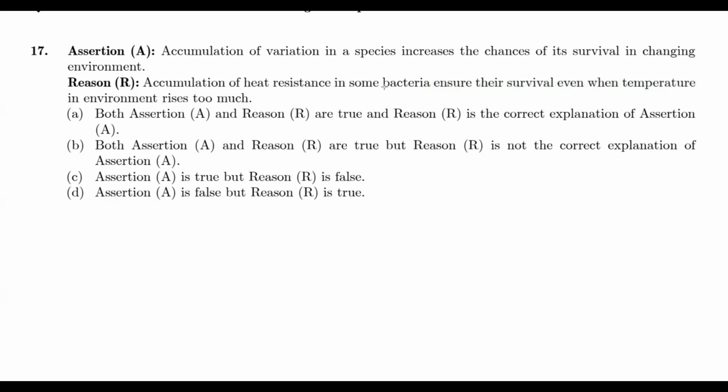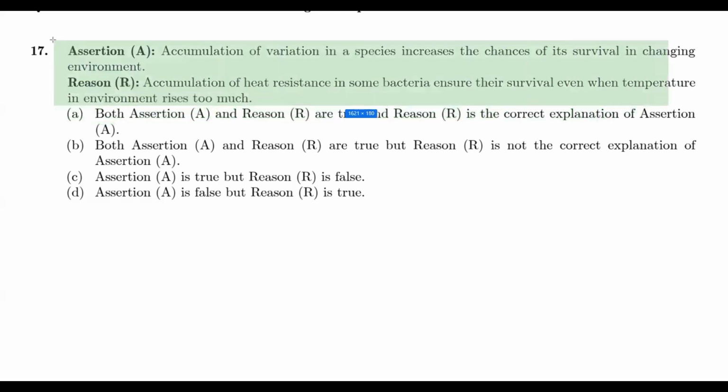As you know, some bacteria are also found in hot springs, right? So the reason is correct because the variation taking place in these bacteria has helped them survive in a very high temperature. Not all of them, like when we boil milk the bacteria become inactive. But what we are talking about here is that some bacteria become heat resistant. So this is also correct.